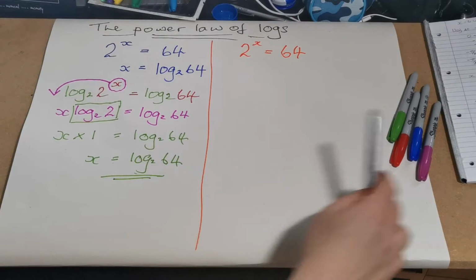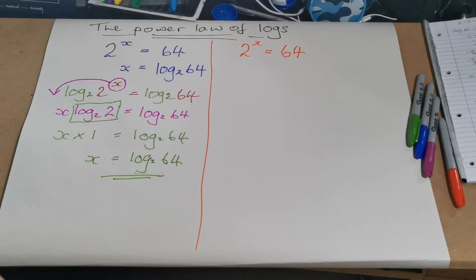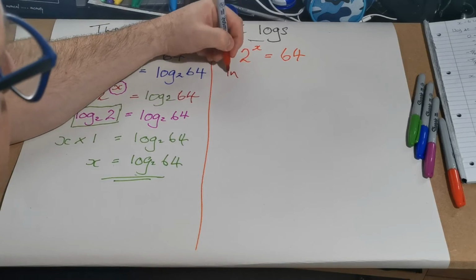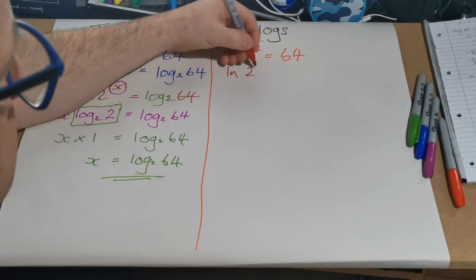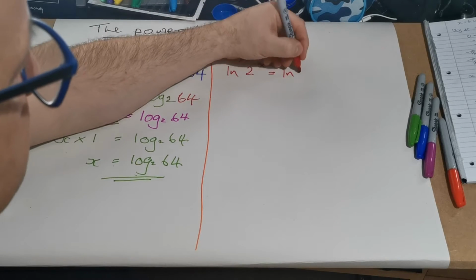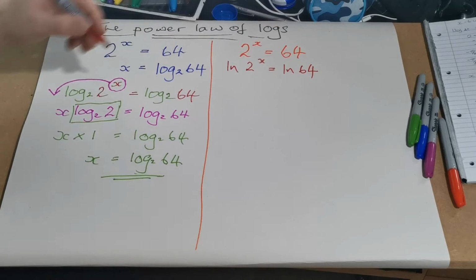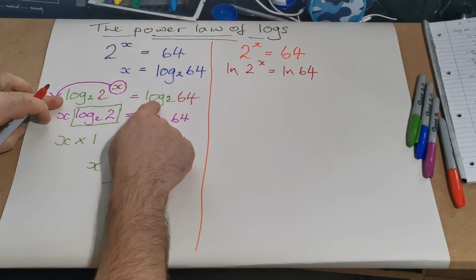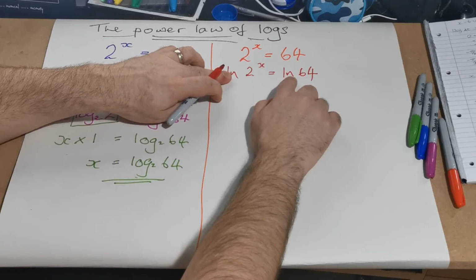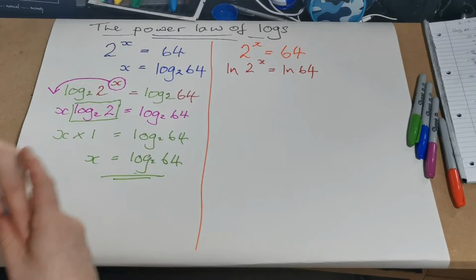This time I'm going to use, well, we've introduced e, let's use log to the base e. So I'm going to say log to the base e, or the natural logarithm of 2 to the x, is equal to the natural logarithm of 64. So similar here, I took log to the base 2 of both sides. Here I've taken log to the base e of both sides, the natural logarithm of both sides.